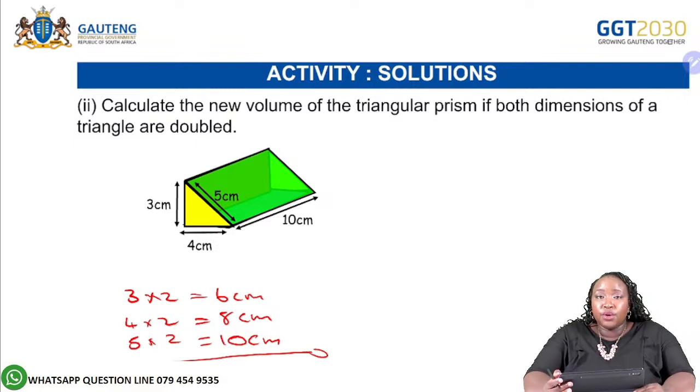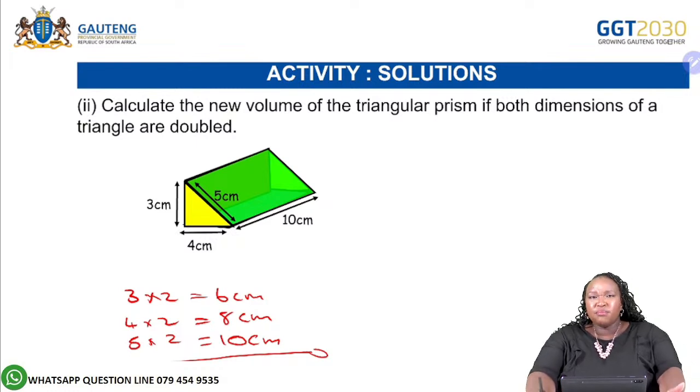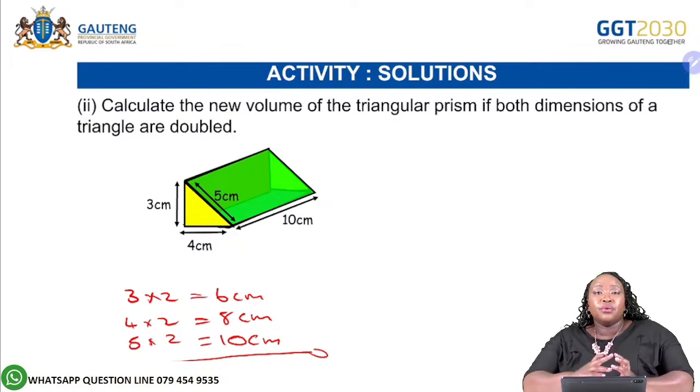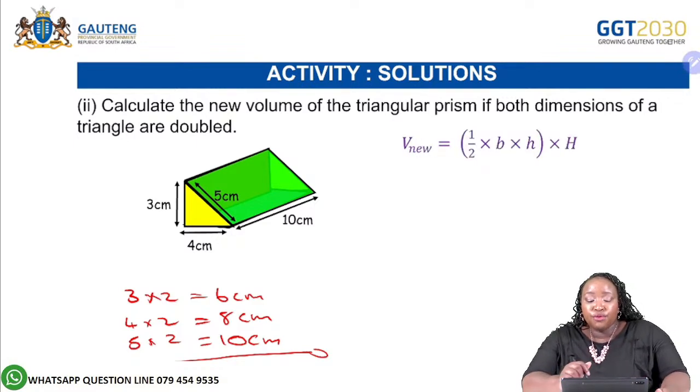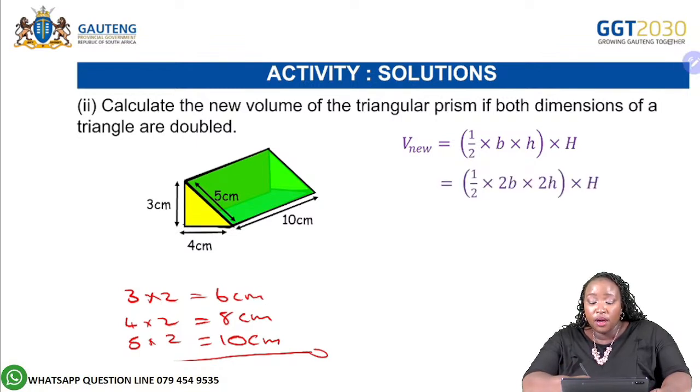So you're basically working with a slightly bigger triangular prism, right? Makes sense. So if you're working with a bigger triangular prism, it would make sense that also the volume would be a little bit bigger, right? So the new volume will be equal to a half base times height multiplied by the distance between the two triangles.